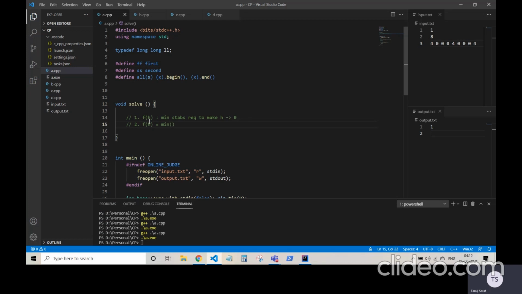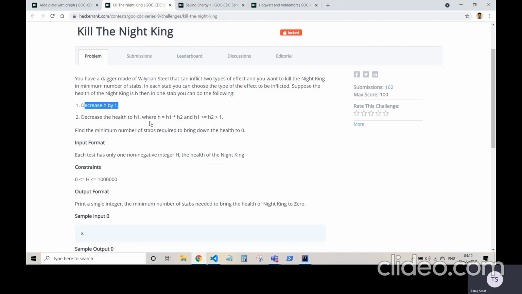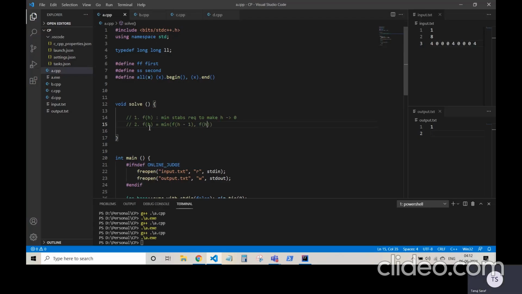So from f of h, either I get the answer from f of h minus 1, where I decrease the health by 1 point, or I decrease the health to h1, where this condition should hold. So f of h1, and I did one stab, so I have to account for that, so plus 1 for that. And where h1 into h2 is equal to h, and h1 is greater than or equal to h2, which is greater than 1.